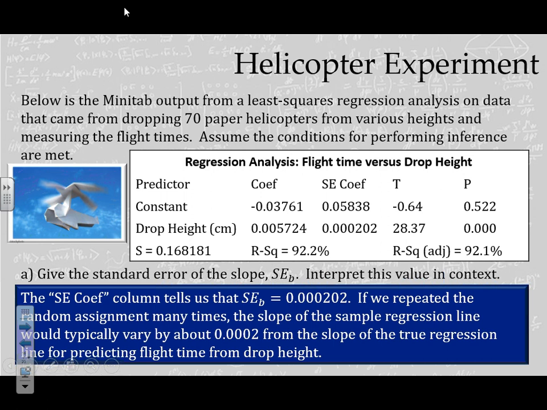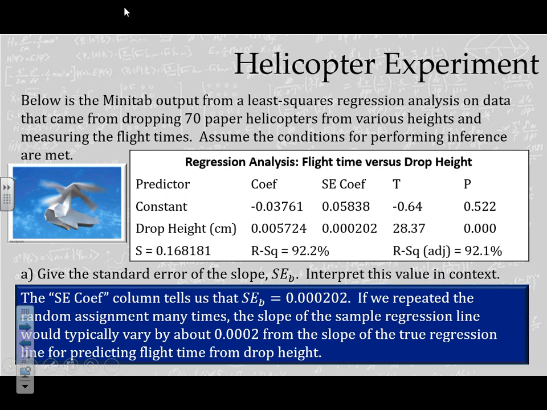So as far as interpreting goes, if we repeated the random assignment many times, so if we were to drop these helicopters over and over and over again from different heights, okay, so if we repeated this process over and over, the slope of our regression line would typically vary by about 0.0002 from the true regression line.